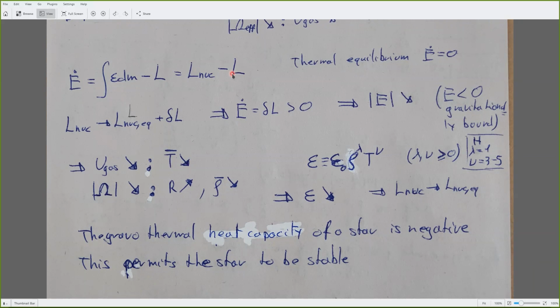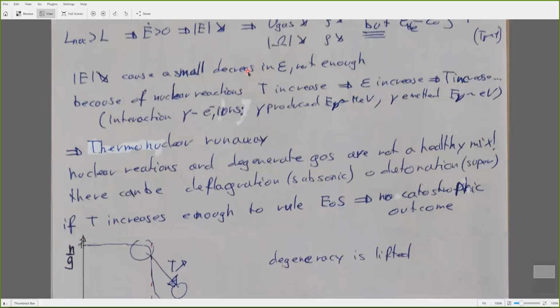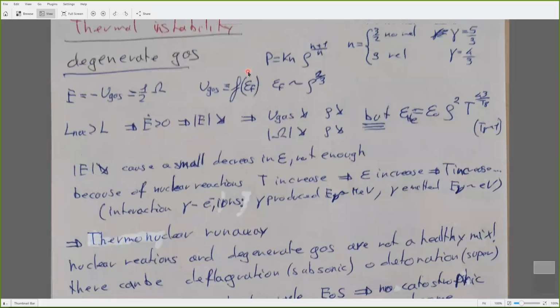So a small variation leads to a situation where it is inverted, and so we have this kind of pulsation. But let's see the other. So this is the classical stability for the stars.